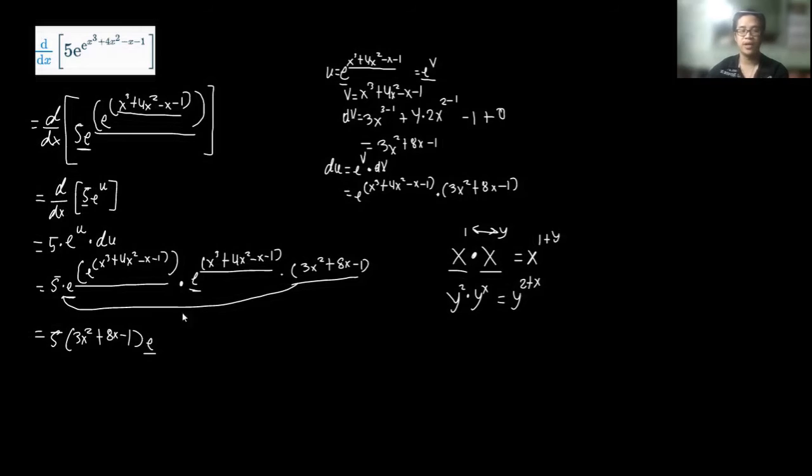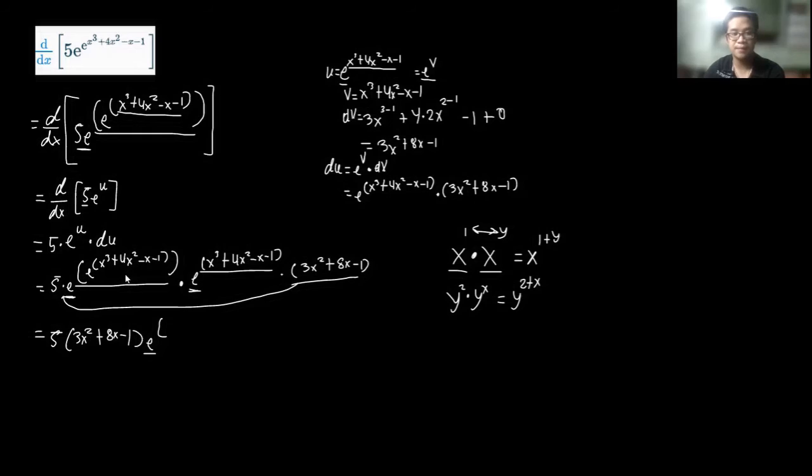So since we have e and e, both of them have the same base, so I can actually add their exponents. No matter how the same or different the exponents are, I can still combine them because the bases are the same.